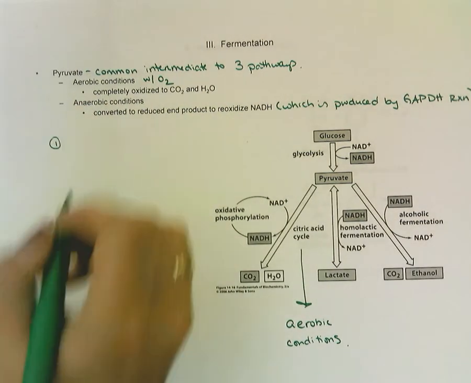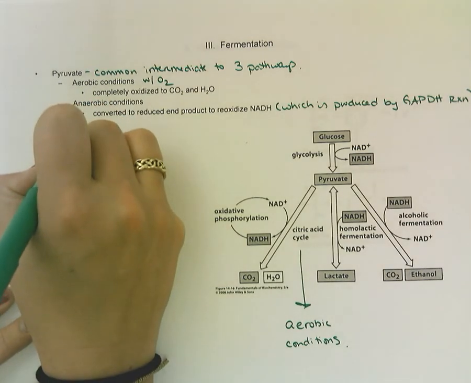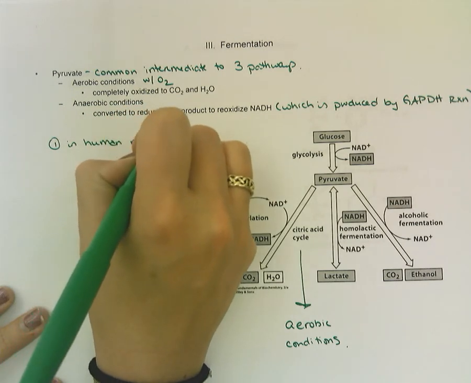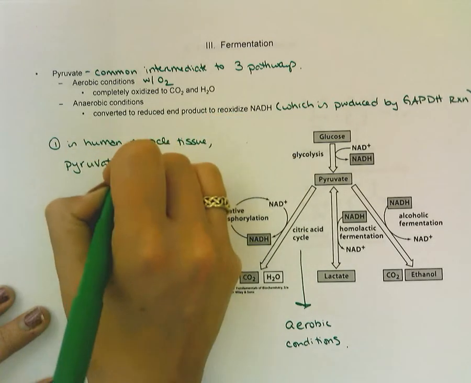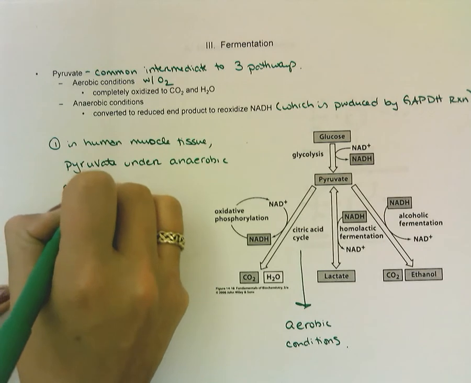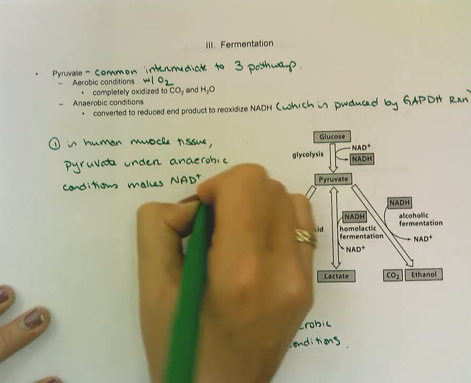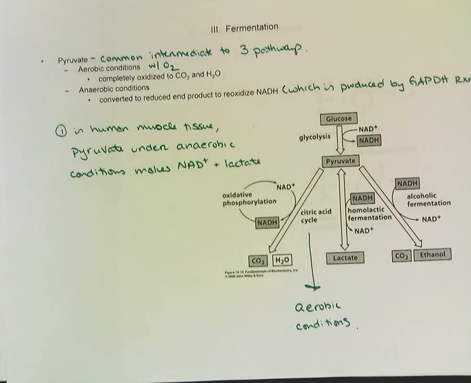So in human muscle tissue, pyruvate under anaerobic conditions makes your NAD+ and lactate, which we'll talk about here in a minute.